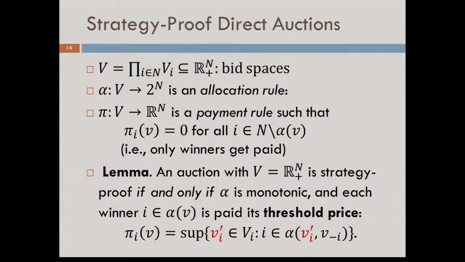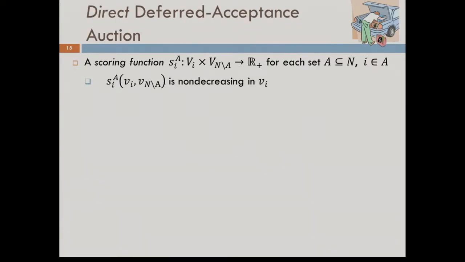Of course, not every mechanism like that, including Vickrey, can be implemented with a clock auction. What can be implemented are mechanisms described by an algorithm that uses scoring functions, where in every step of the algorithm, you calculate the scores of all bidders.